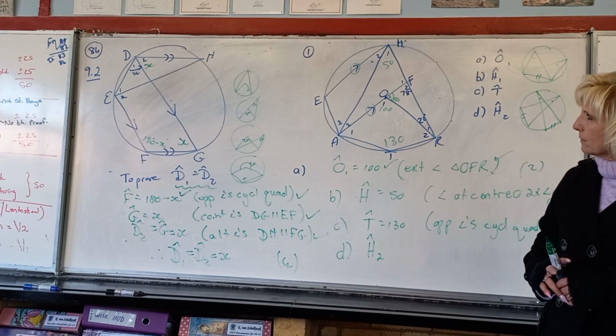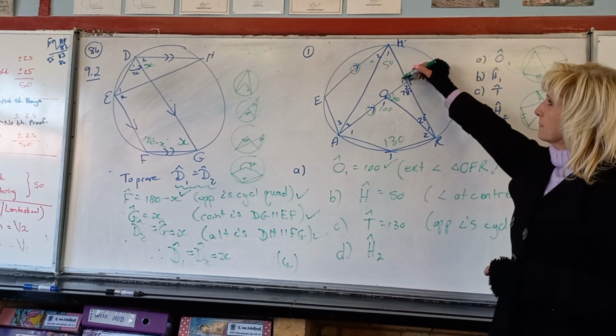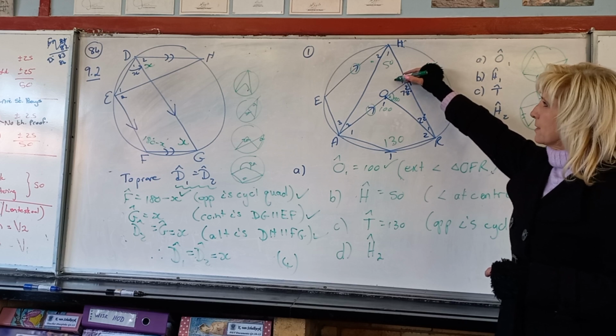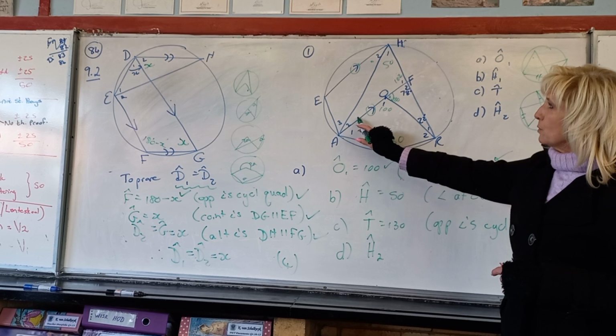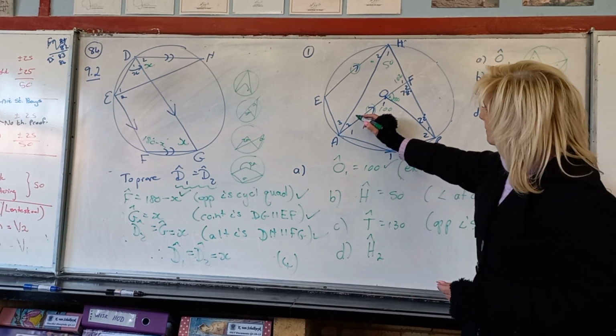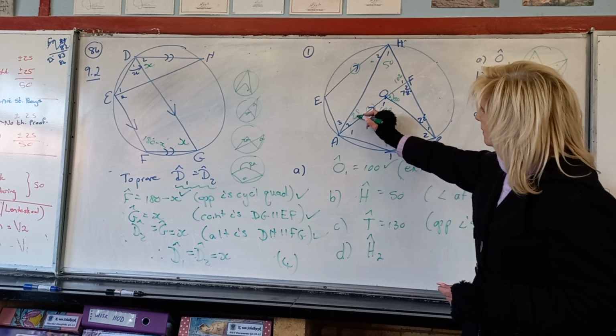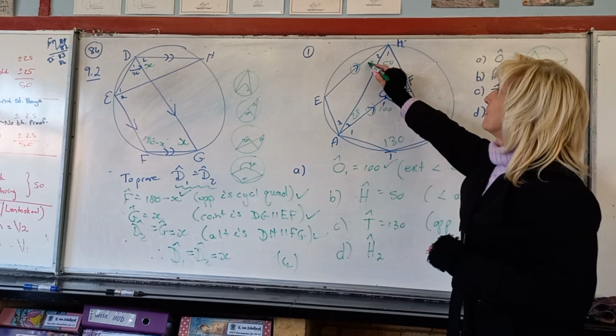Yes. How? Get F1 first. F1 how? Straight line. Straight line will give me this is 102. Then this one would be 38. 28, I think. Just use your calculators. 28, and then I'm finished.